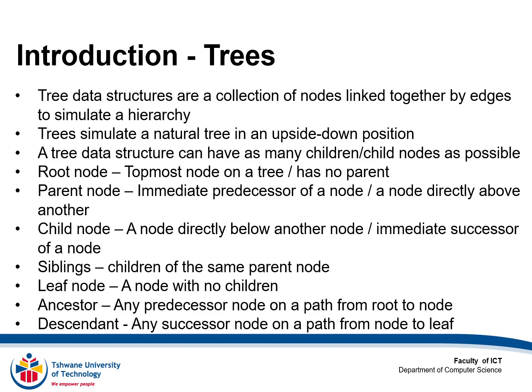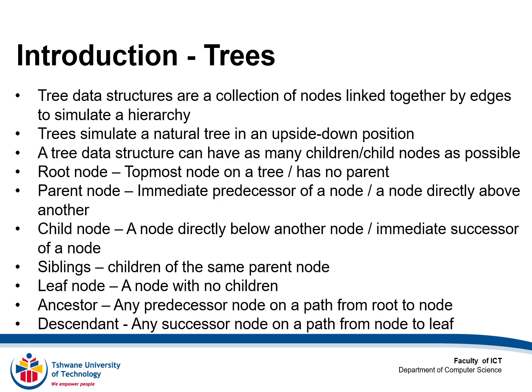A child node, on the other hand, is a node directly below another node, or an immediate successor of a node. Put differently, a child node is a node that has a parent. We also have siblings in a tree, and siblings are basically children of the same parent node.